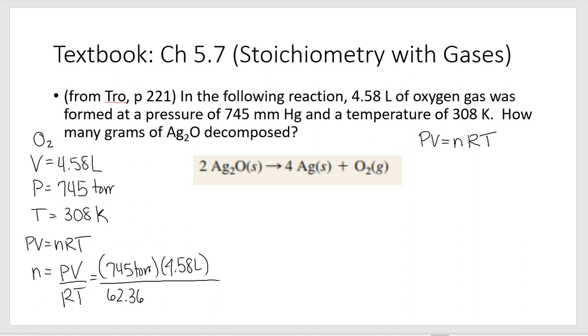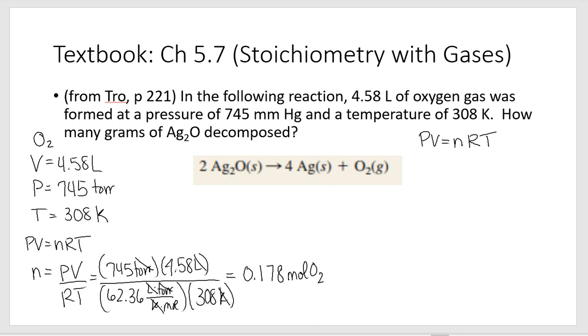I'm going to use 62.36 because that's liters, torr, Kelvin, mole. So it matches my pressure reading in torr. My volume's in liters. My temperature has to be in Kelvin, so Kelvin cancels out too. I plug this all in and I get 0.178 moles of O2.